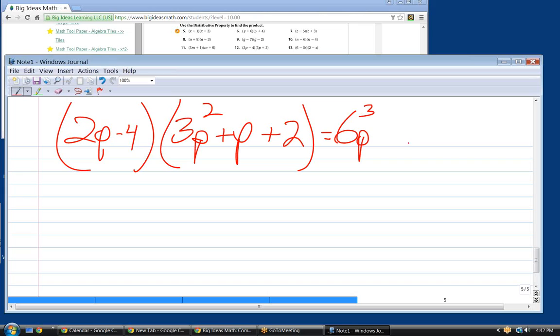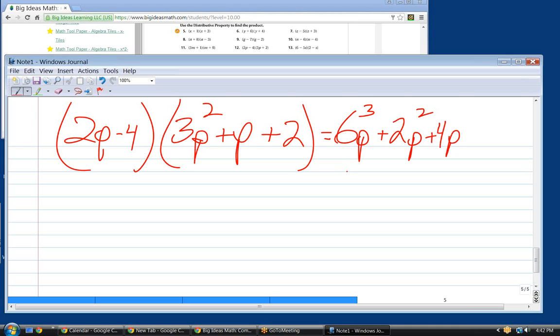What's next? 6p cubed, and then plus 2p squared, plus 4p.